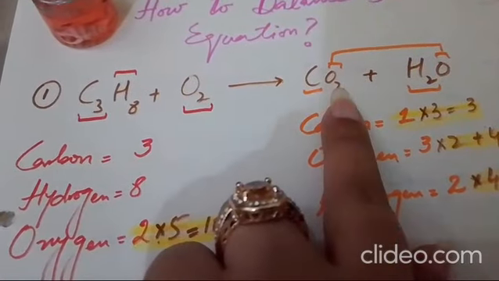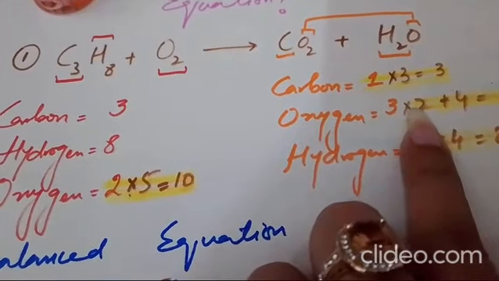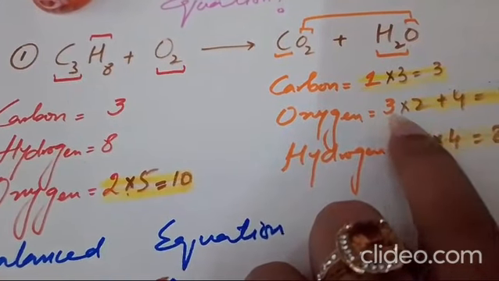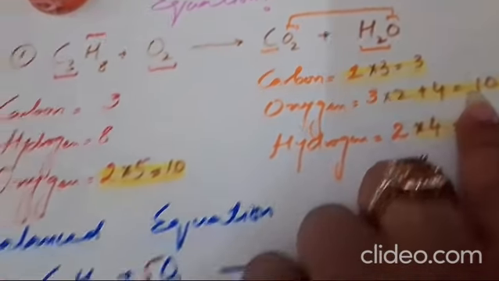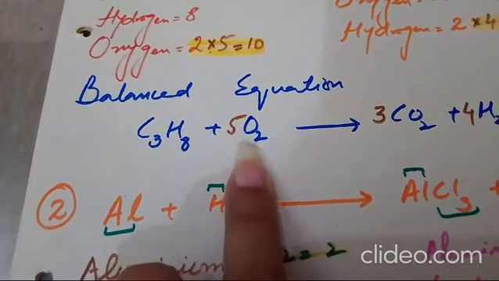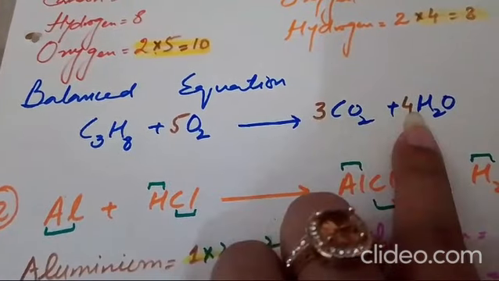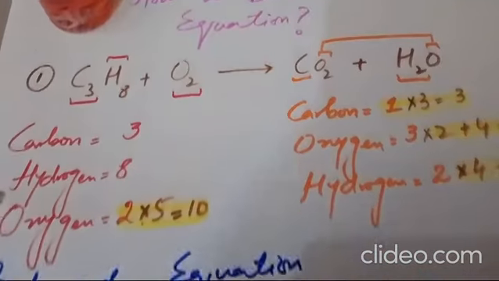2 oxygen, 2 plus 3 oxygen. So what we're gonna do is we multiply 3 with 2 plus 4, equal to 10. 3 2s are 6, 6 plus 4, 10.